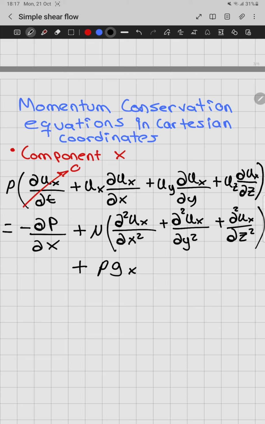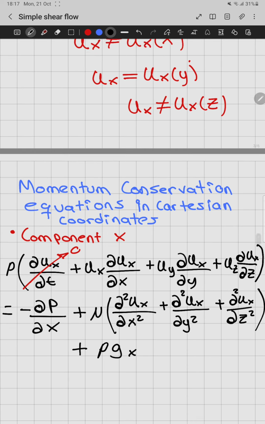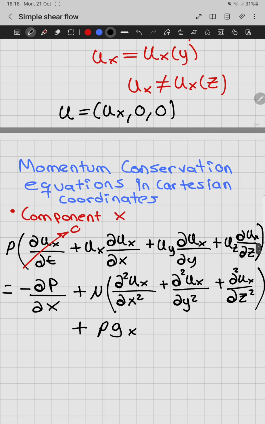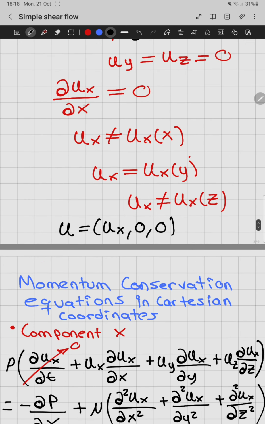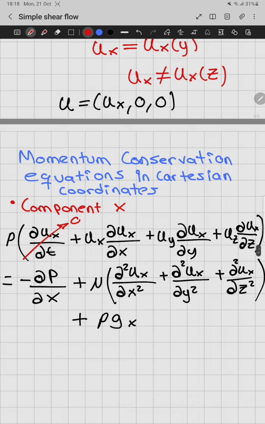You remember for this term, ux is actually different than 0 because the velocity field is going to take this form. But from the continuity equation, we saw that this derivative is 0.